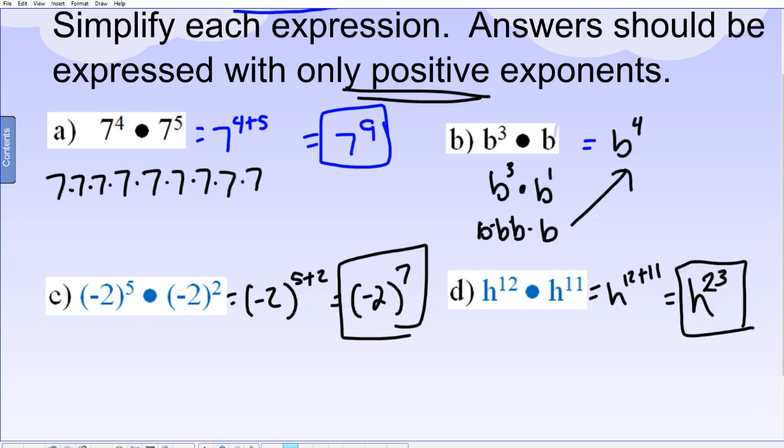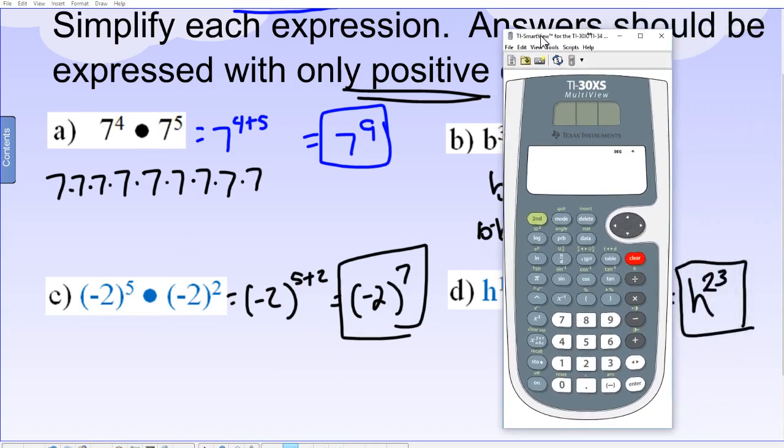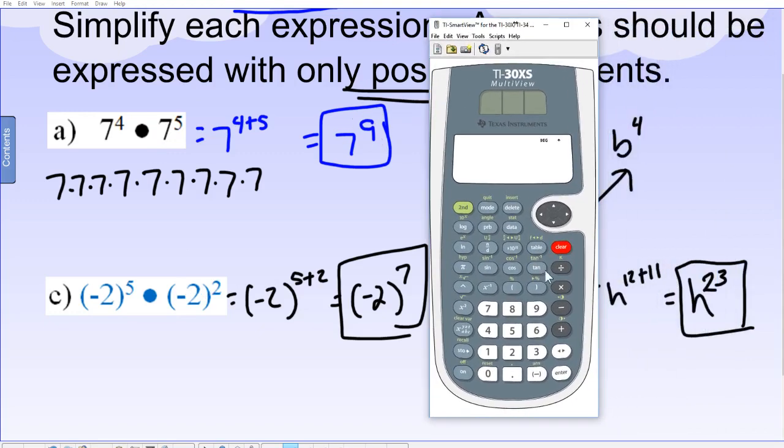Now, very quickly, we can probably check this on our calculator. This number is probably too big to fit the entire thing on the calculator, but let's see. Here's how you would type in an exponent on a calculator. 7. Now we're going to use this caret key. I'm not going to hit second, because that does the special root.